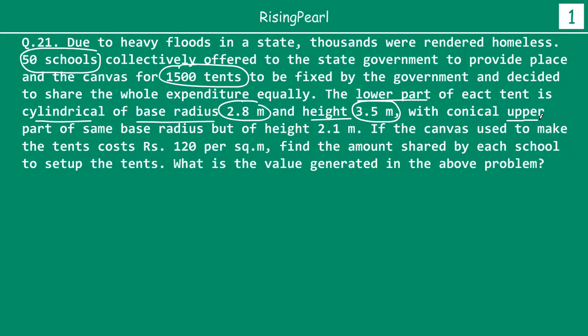And then the upper part is a cone with the same base radius as the cylinder, but the height is 2.1 meter. So each tent has a cylinder at the bottom and a cone at the top, right? And there are 1,500 such tents.